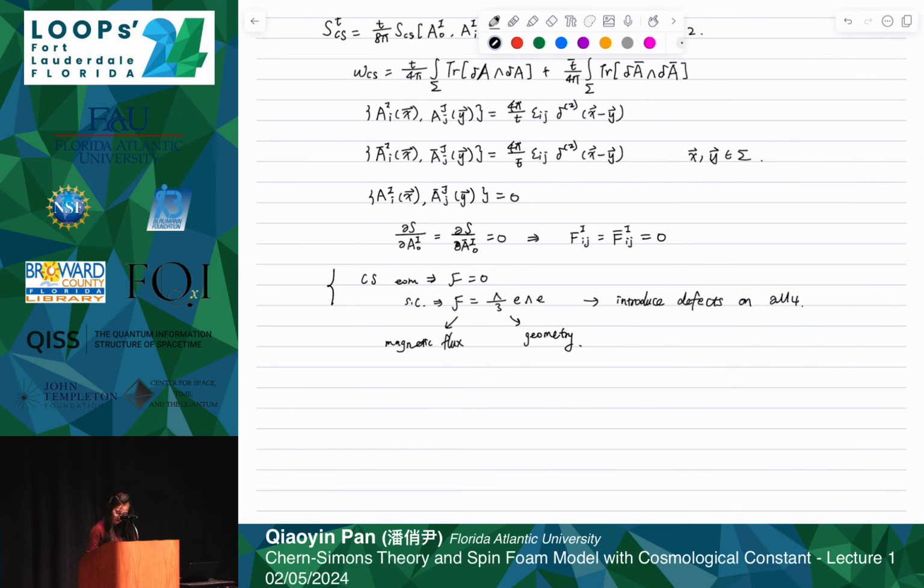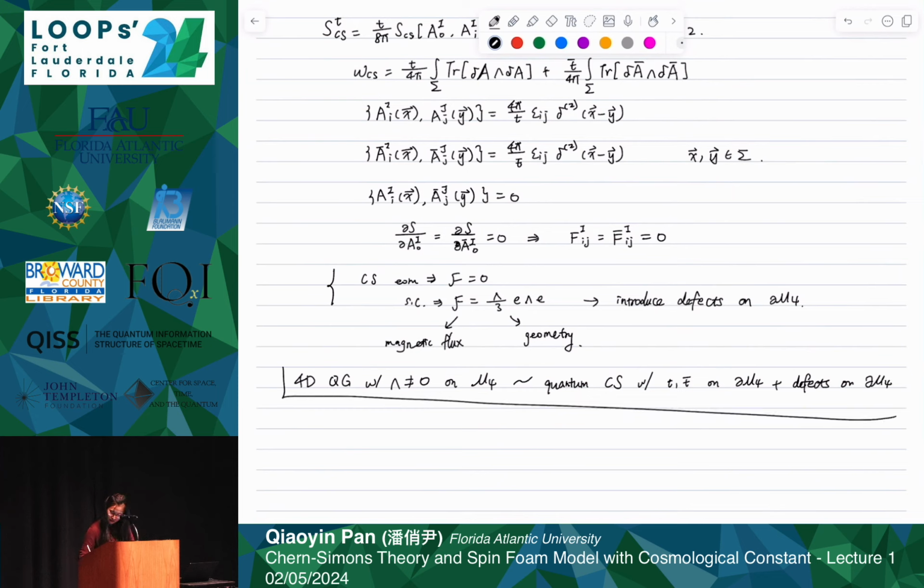So 4D quantum gravity with a non-zero lambda on a 4-manifold can be represented by a quantum Chern-Simons theory with a complex coupling constant, here the tau and tau bar, which is on the boundary of this 4-manifold with some defect.